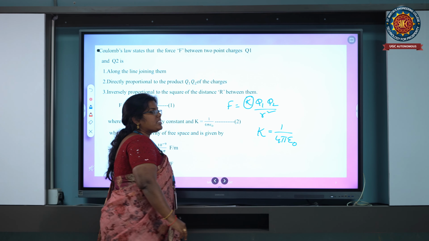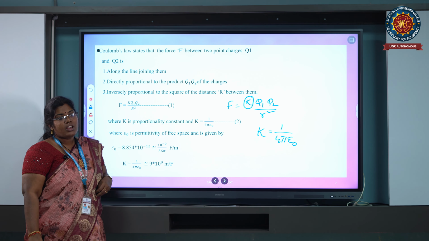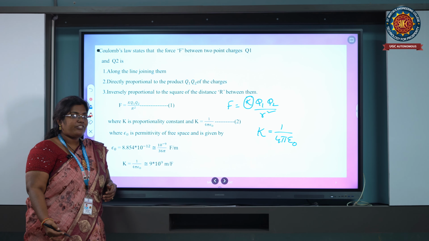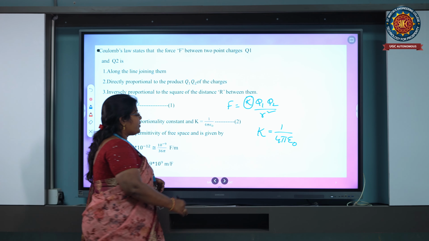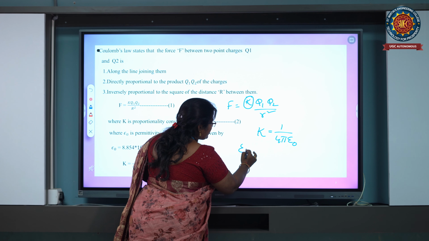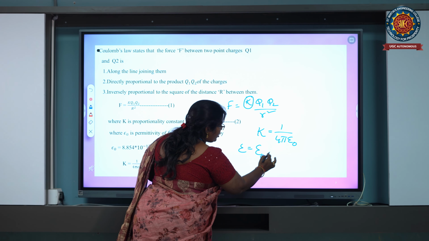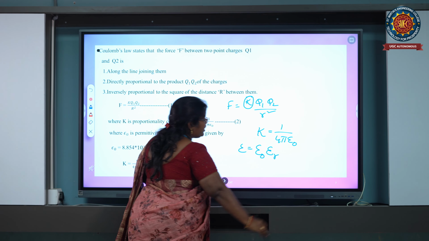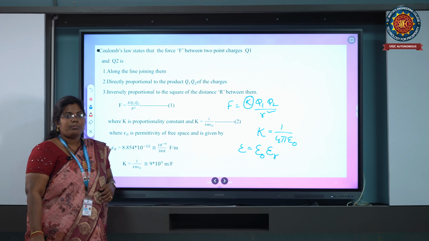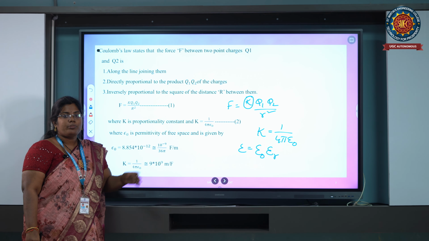Epsilon naught is the permittivity of free space. If we are working with a different dielectric material, epsilon equals epsilon naught epsilon r, where epsilon r is the relative permittivity.